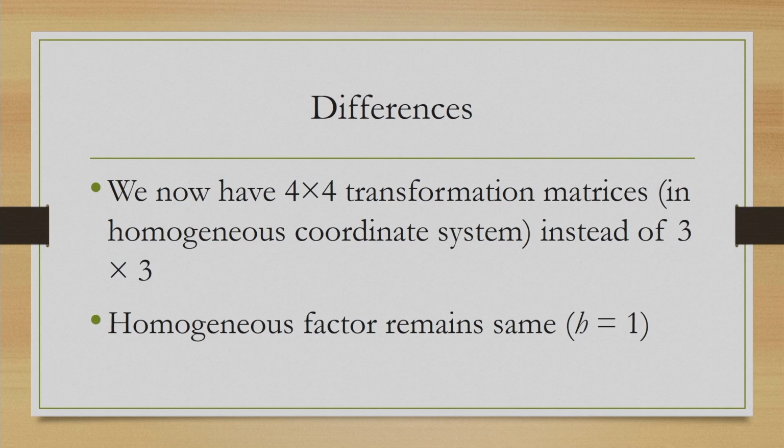However, the homogeneous factor H remains the same, that is H equal to 1. So, essentially, instead of 3 by 3, we are using 4 by 4 transformation matrices to represent a transformation in 3D, and the homogeneous factor H remains equal to 1, because we are dealing with modeling transformation.